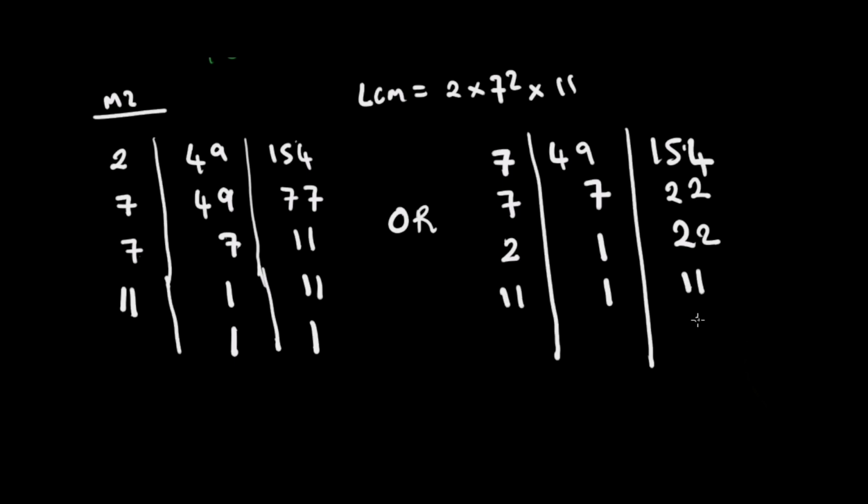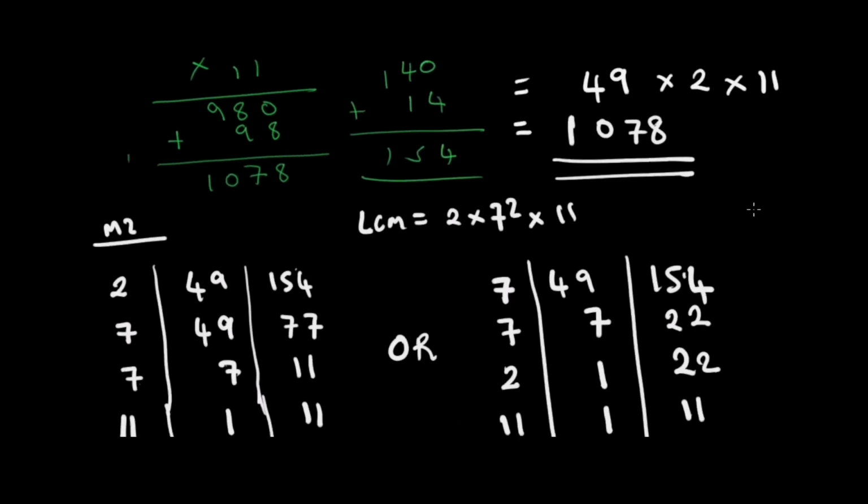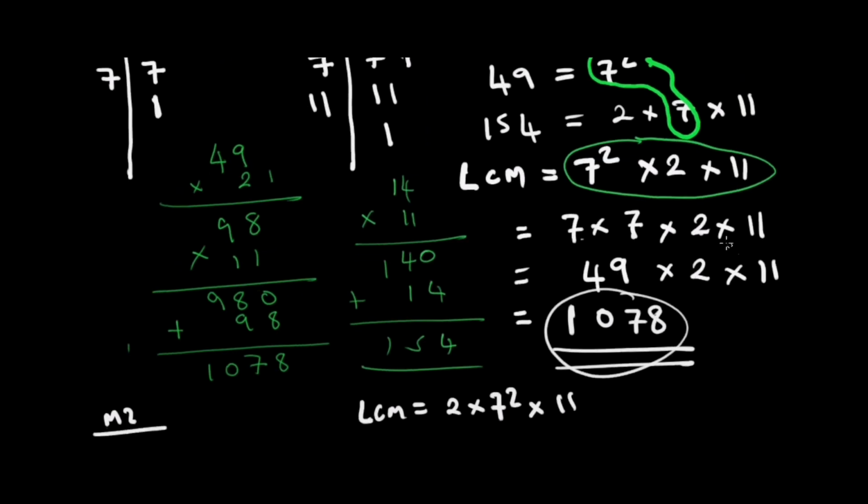So 11 into 11 is 1. This means that using this, our lowest common multiple is equal to 7 times 7 times 2 times 11, of which 7 times 7 is 7 squared. So it comes back as 7 squared times 2 times 11. So we have got our answer, which is 1078.